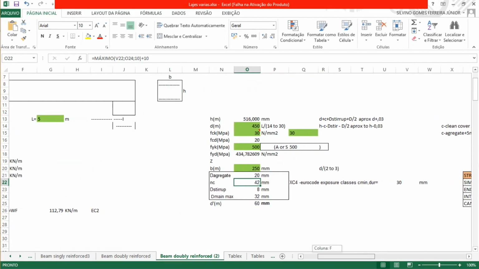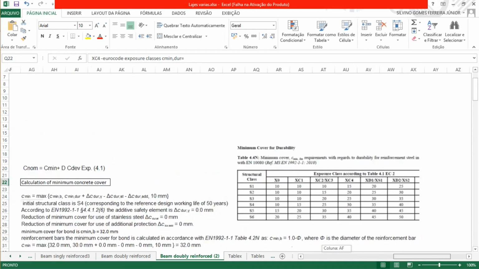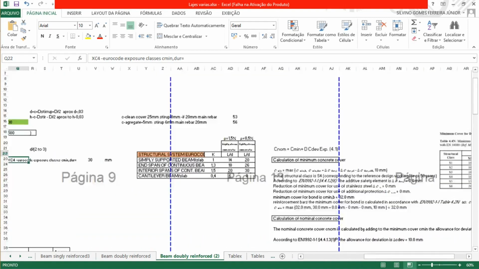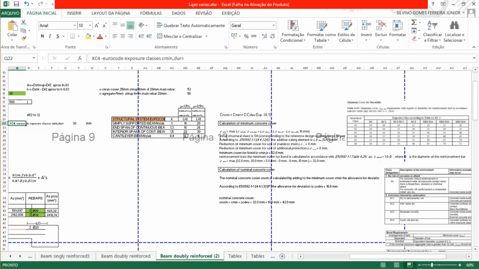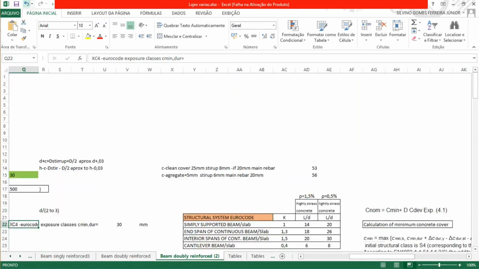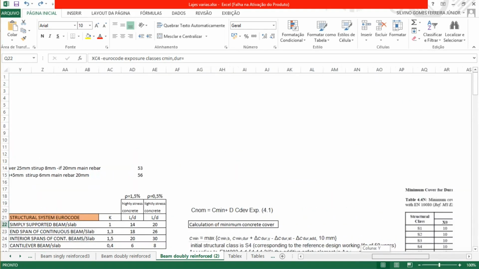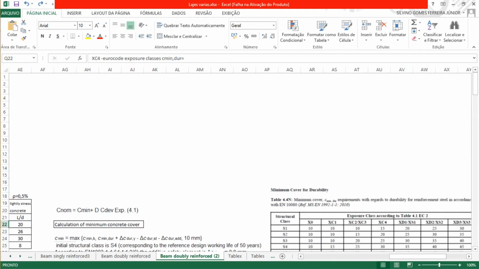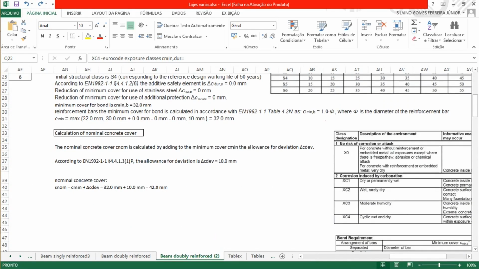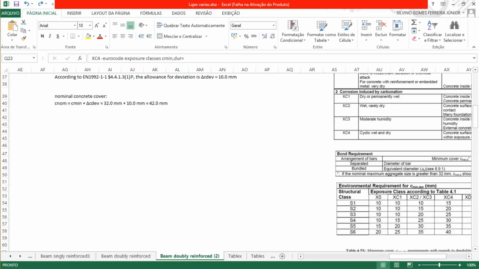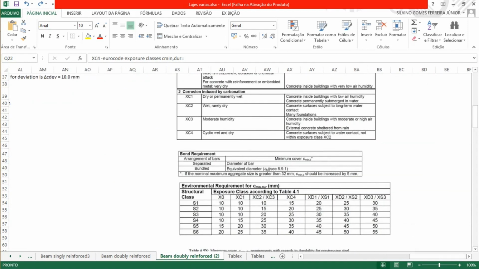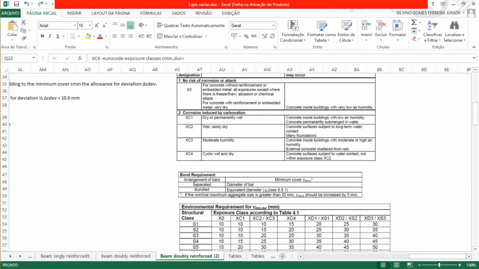So I adopted XC4 from Eurocodes for exposure classes, and this basically means cyclically wet and dry concrete surface subject to water contact.